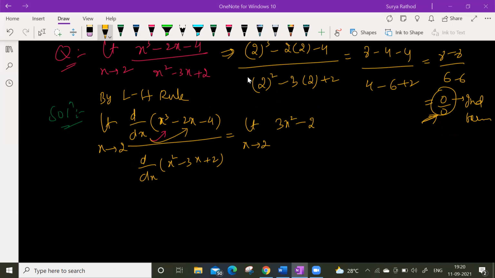Hello. d by dx of 4, who said it is 4? So 0. 0, sir. Look at this, d by dx of 4 is 0, why? Because it is a constant.